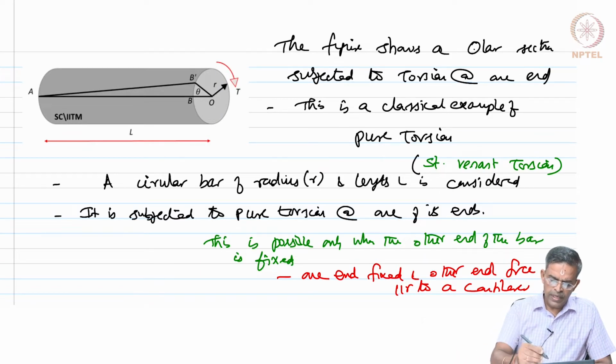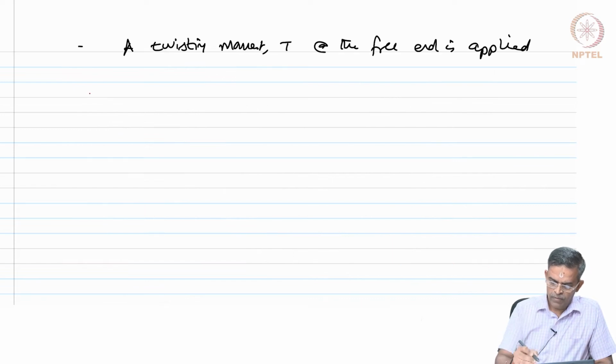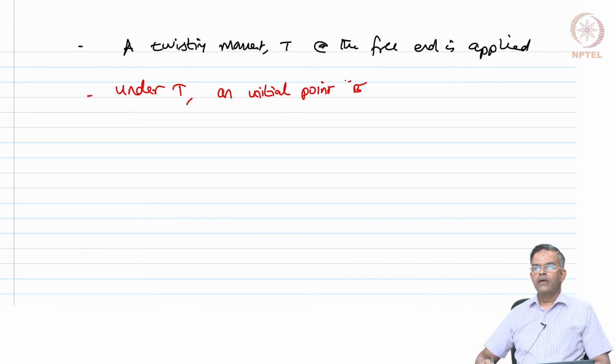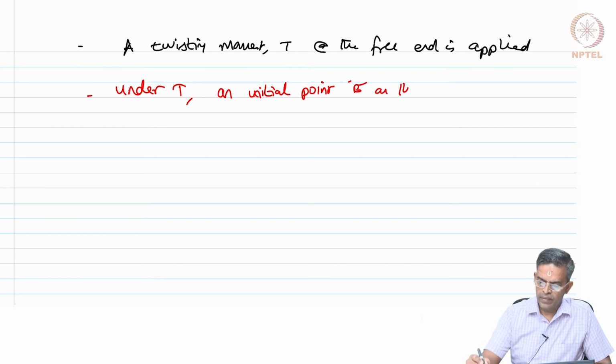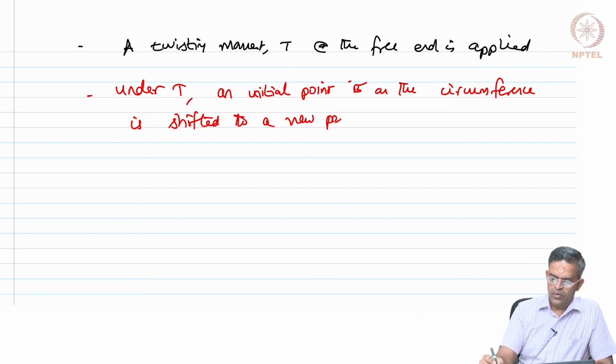The initial point B on the circumference is shifted to a new position B prime.